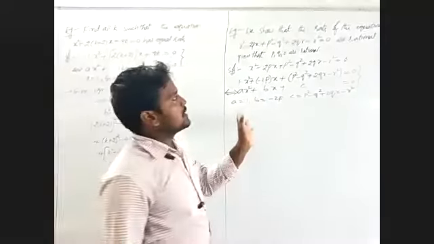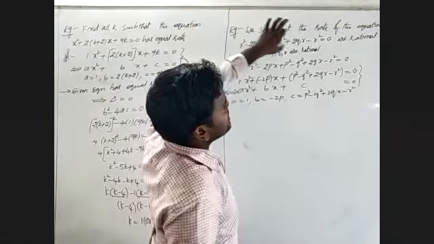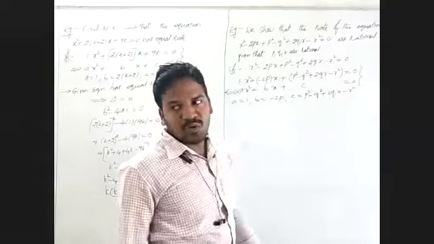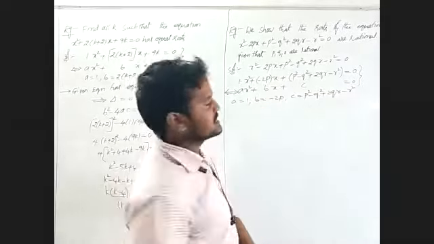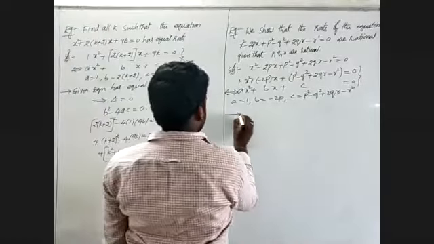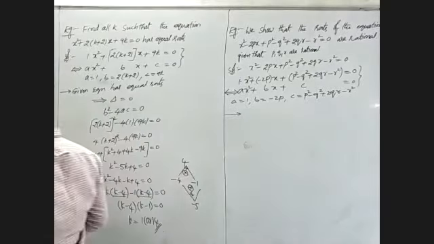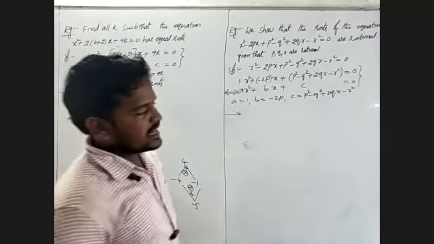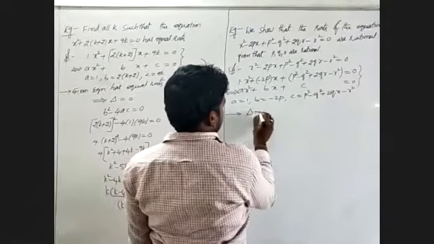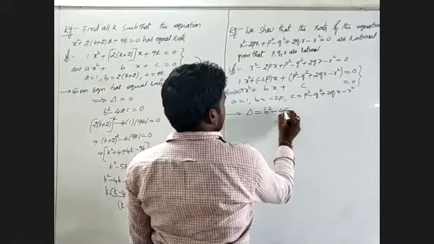By the problem, the given equation's roots are rational. To prove the given equation's roots are rational, I will take their discriminant first. Delta is equal to, what is the formula here, b square minus 4ac.